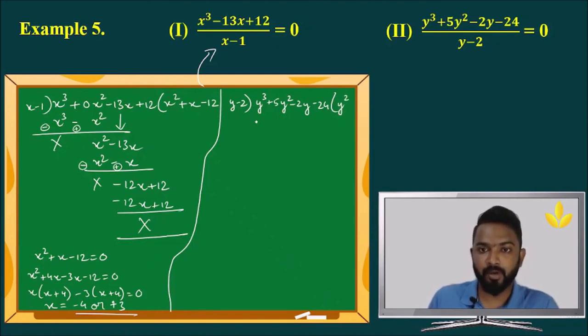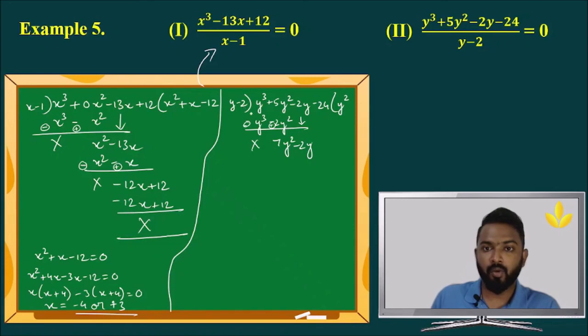Y square into y is y cube. Y square into minus 2 is minus 2y square. Minus, this one becomes plus. This one is gone. 5 plus 2 is 7y square minus 2y. This comes down here. Y to 7y square is just add 7y.